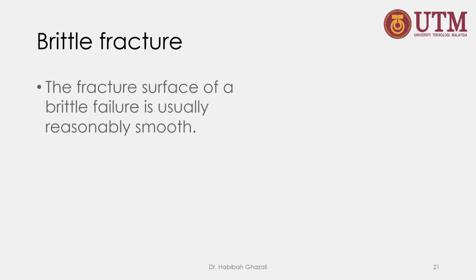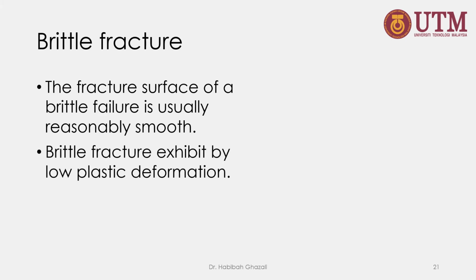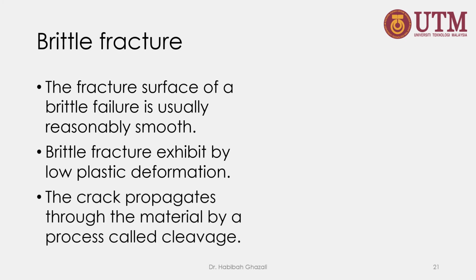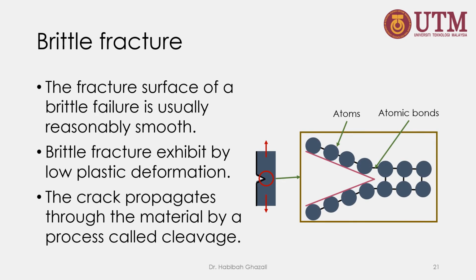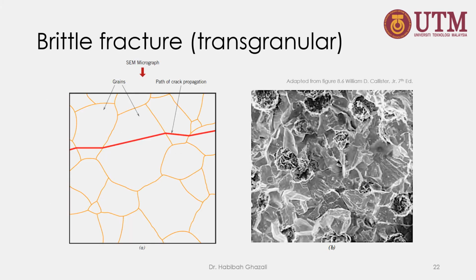With brittle fracture, the fracture surface is usually reasonably smooth. So brittle fracture is exhibited by low plastic deformation. The crack will propagate through the material by a process that we call cleavage. So the atomic bonding between two atoms will be severed. There are two ways that materials can fracture in a brittle manner.